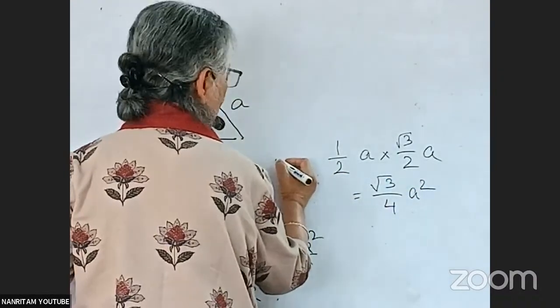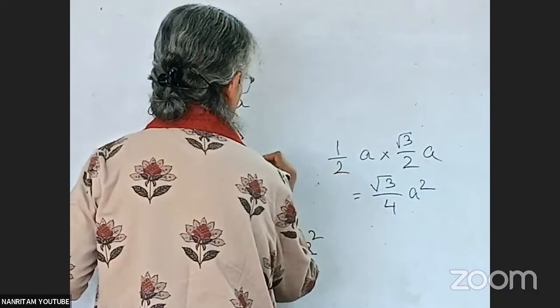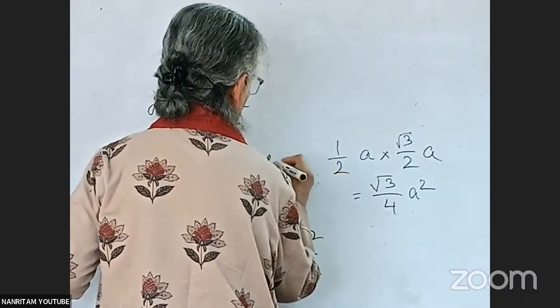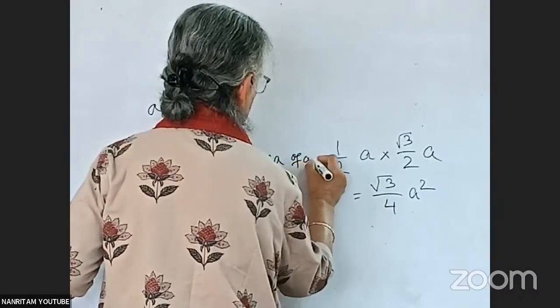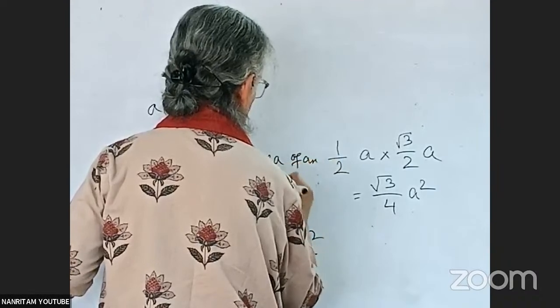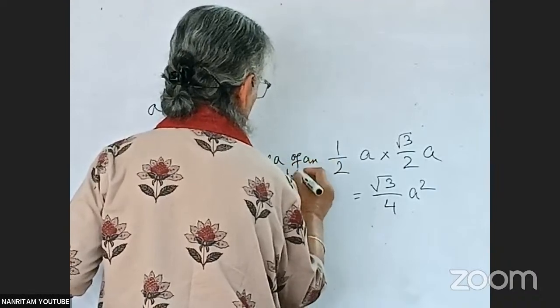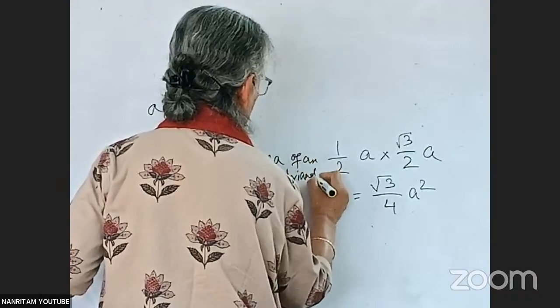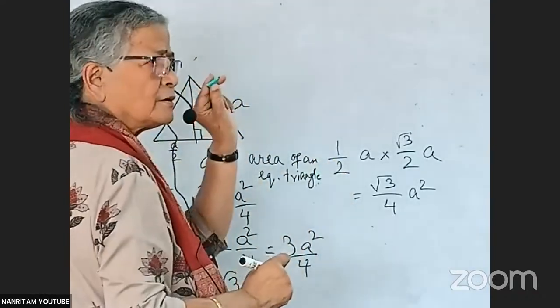The area of a single one, the area of an equilateral triangle. So what is the area of this hexagon?